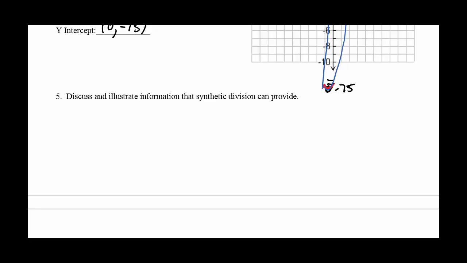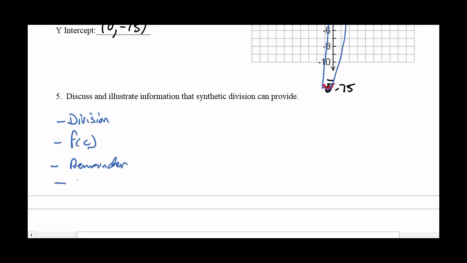So you do want to review what synthetic division can be used for. Let me make a quick list. We can use it for division. That's what the title says. We can actually use it for functional values. We can use it to find remainders.